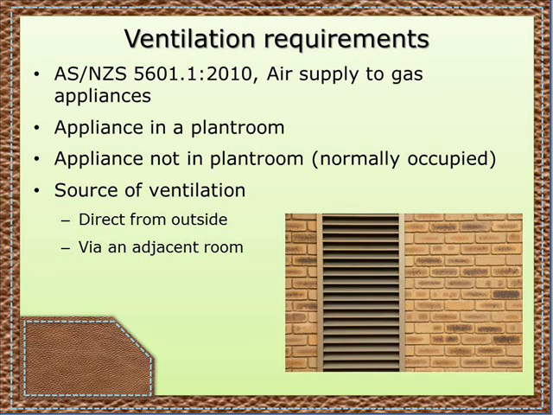Any internal space heater that draws its air for combustion from within the room shall be ventilated as per 6.4.4 in 5601. This shows that if it is in a plant room or not in a plant room, there are certain requirements, and also if it draws its air directly from outside or via an adjacent room, there are other requirements as well which should be looked at.